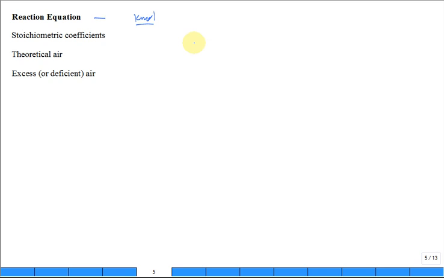So let's go back. Let's start and say I have methane, CH4, and I'm going to get the oxygen from the air. This is the way we write it for air. I'd like to have a 1 in front of that O2. It makes the math a little easier.